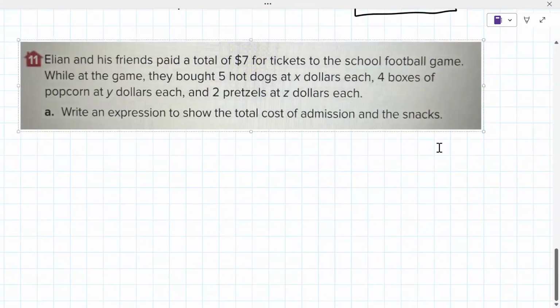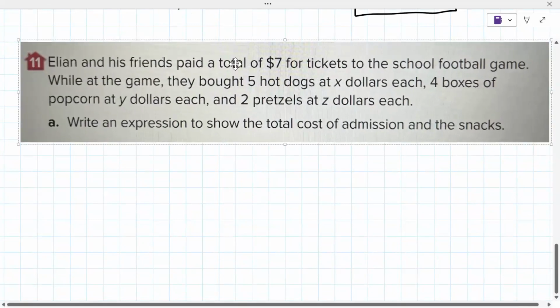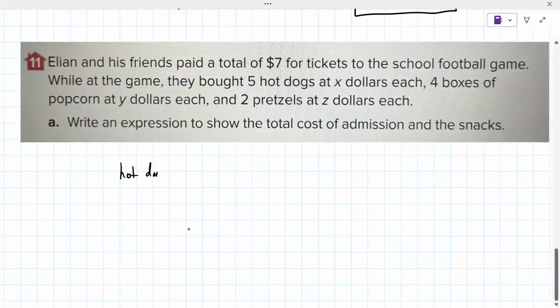All right. E and his friends paid a total of $7 for tickets to school football games. While at the games, they bought 5 hot dogs at X dollars each, 4 boxes of popcorn at Y dollars each, and 2 pretzels at Z dollars each. Okay. So you have to think of this as hot dogs plus popcorn plus the pretzels plus the tickets, or you can put the tickets first if you want.